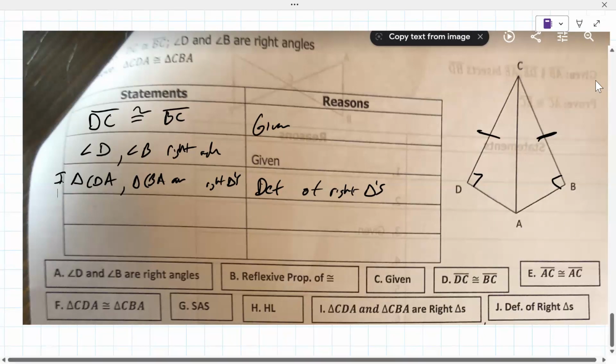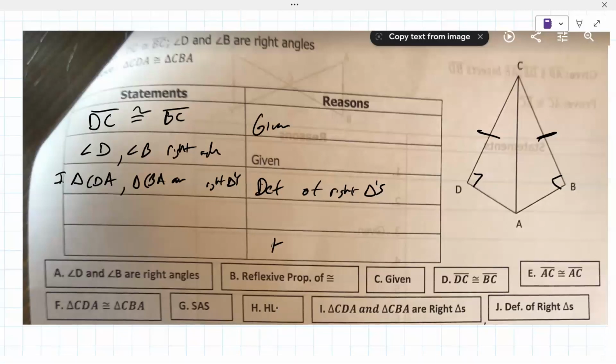So now that we have the right triangles, we're going to use hypotenuse leg. That's kind of a standard thing.